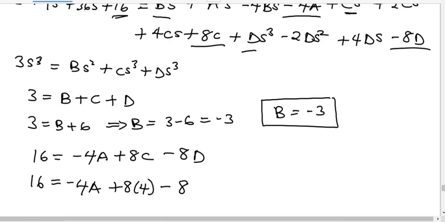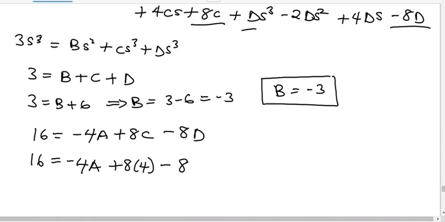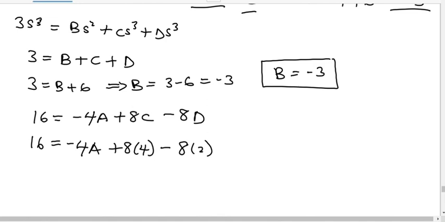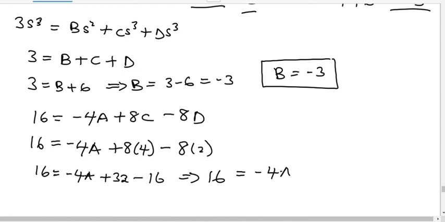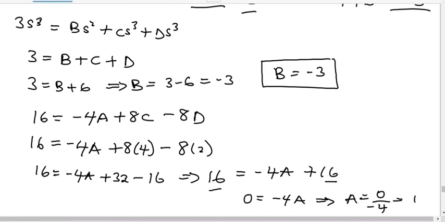What is our d? I believe d is 2. So this gives us 16 equals negative 4a plus 32 minus 16. This implies that 16 equals negative 4a plus 16. If we subtract, we have 0 equals negative 4a, which implies that a is 0 over negative 4, which is 0. So our a is 0.